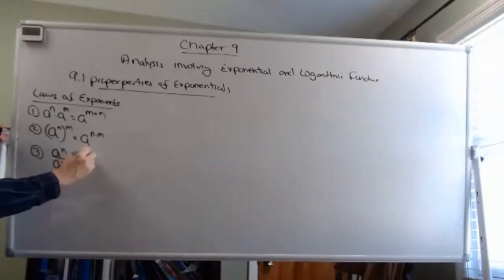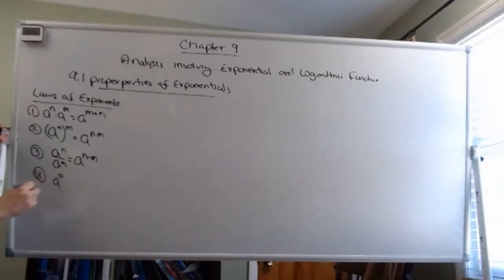We also have that property that any base a raised to the 0 power is just 1. And then we also have some other rules. I'll use that at the end.